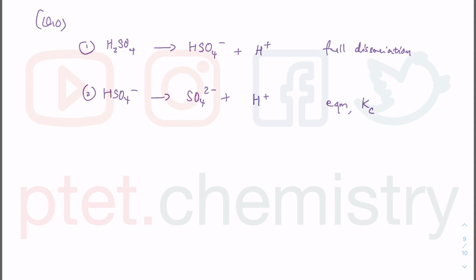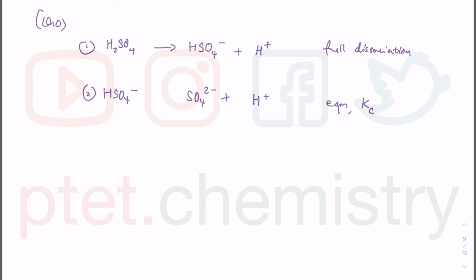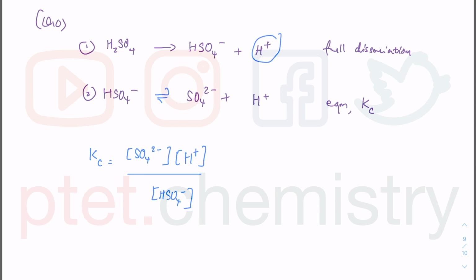You want Kc. If we think about what Kc is for this second expression, which I should really write as equilibrium, as given in the question, it's going to be the concentration of SO4 2 minus times the concentration of H plus divided by the concentration of HSO4 minus. Now, these H plus come from these, but before you get these, you also have the H plus from the first reaction.